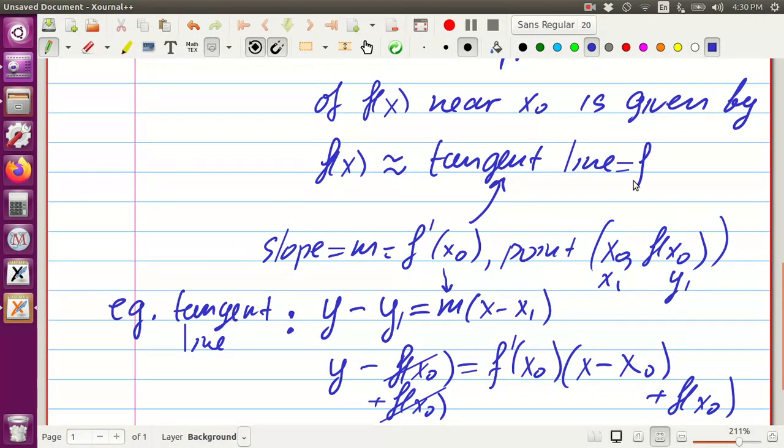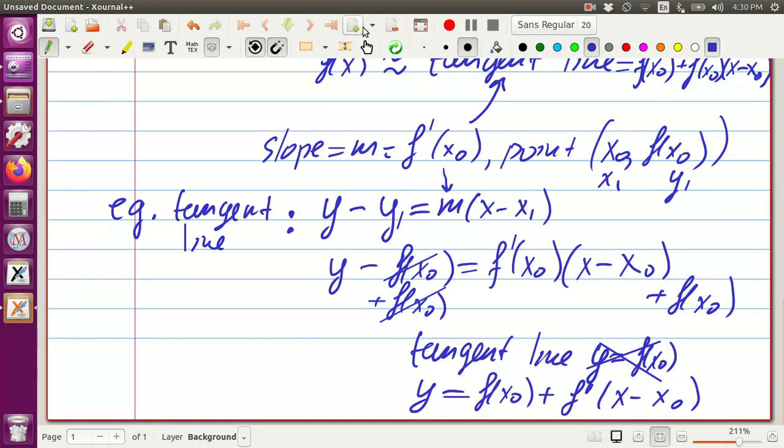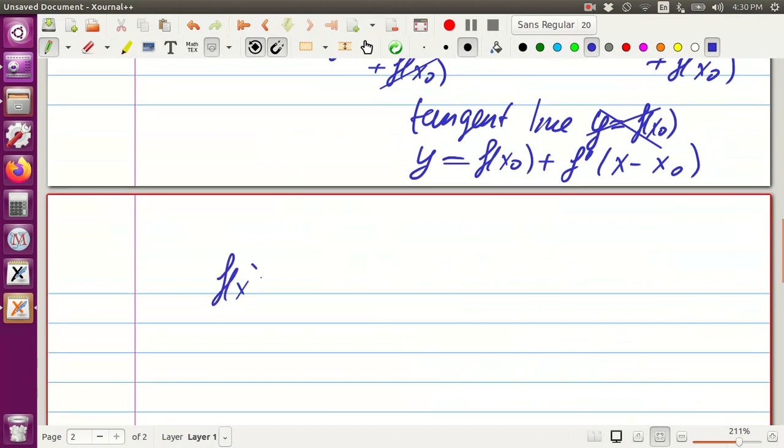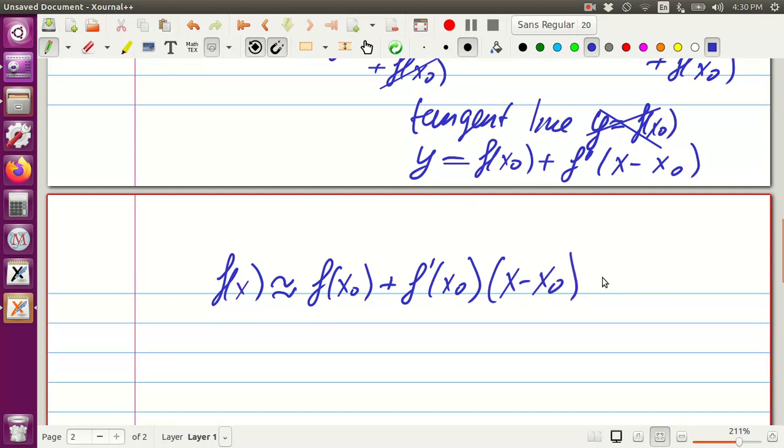So f of x is approximately equal to f of x sub 0 plus f prime at x sub 0 times x minus x sub 0, for x close to x sub 0.